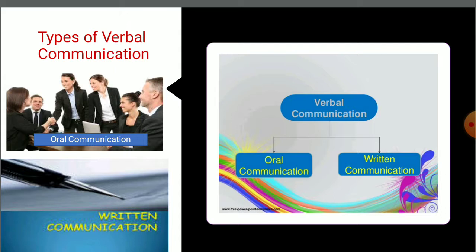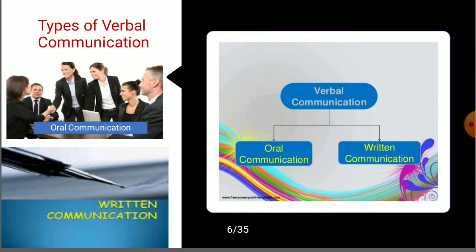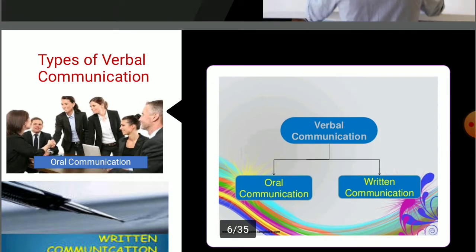My mouth is used for making this communication, and here we talk, we speak, and we utter some words for making the communication. Whereas in the second type of verbal communication, that is written communication, we go for writing the message through notice, through circular, through report, and that will be given to the concerned party, to the concerned authorities.